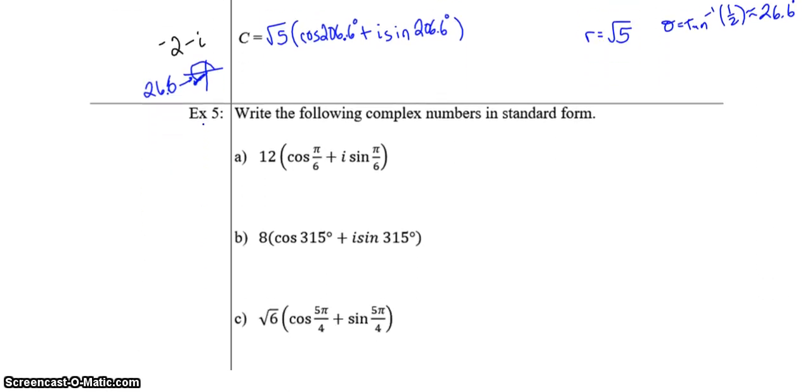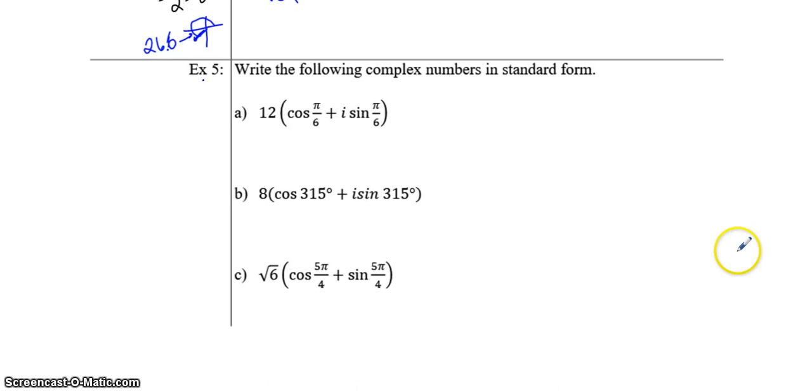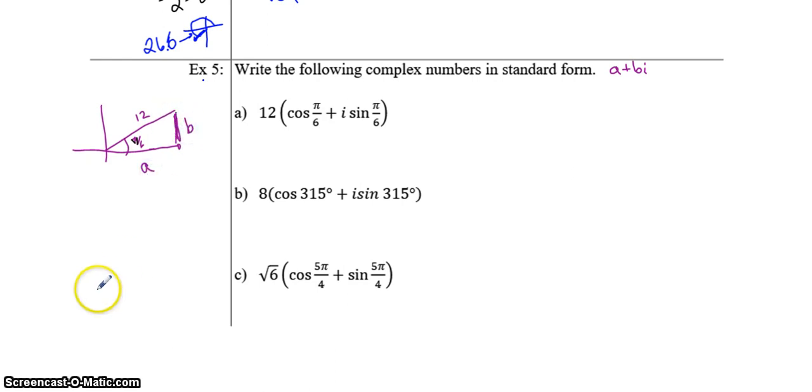Okay, now how about if we switch that? How do we write it in standard form? In other words, we want to go from this trig form to a plus bi. Considering this is the radius and an angle, if we picture a radius of 12 at an angle of pi over 6, what's this a? What's that b? It's already there.